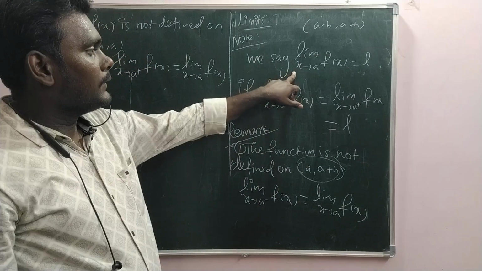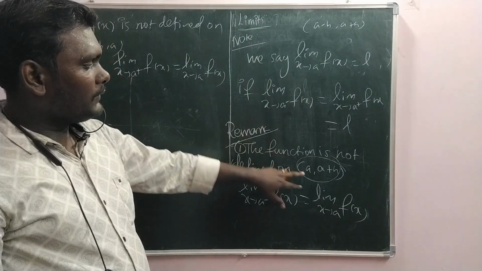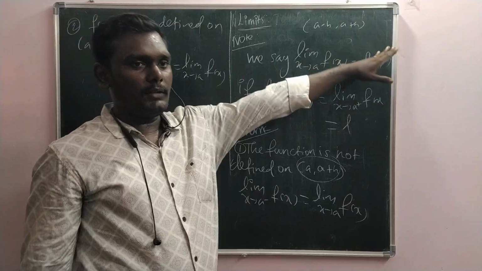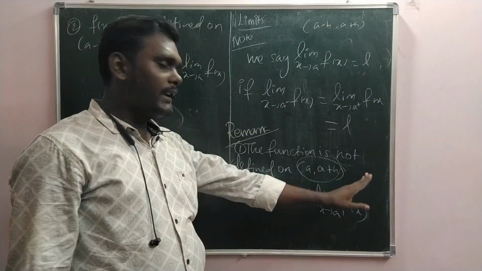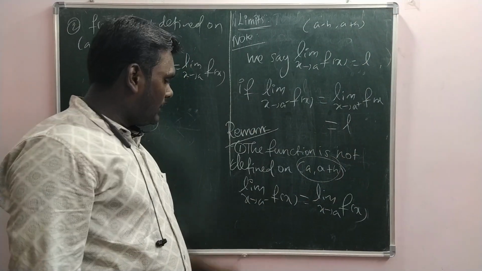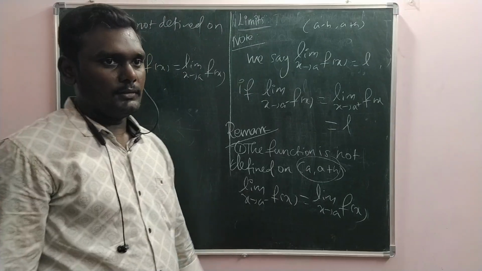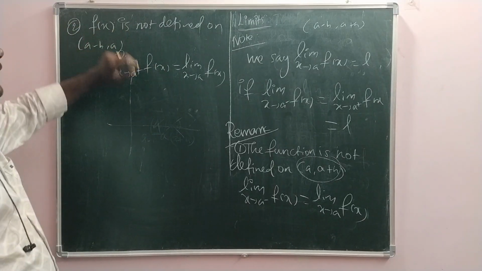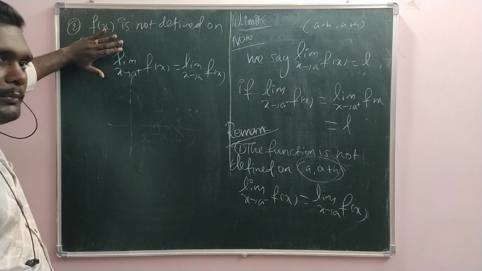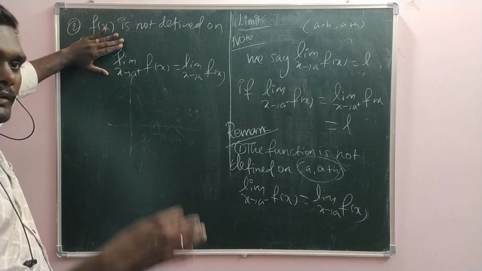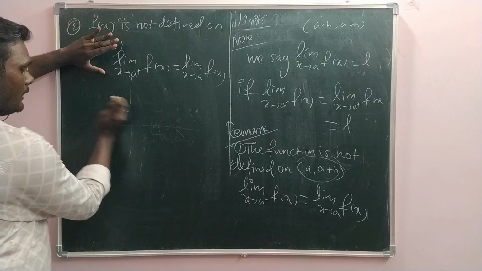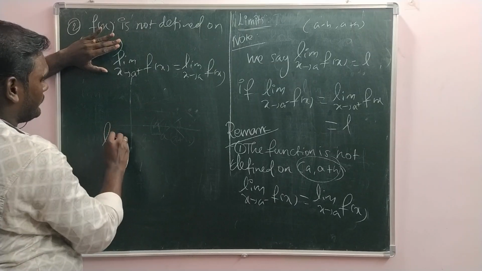So suppose the function is not defined in one half of the neighborhood, say the right half is not defined, then the left limit alone is the limit of the function. Or else if the left part is not defined, in the left part of the neighborhood the function is not defined, meaning we don't have any values, like the deleted neighborhood.